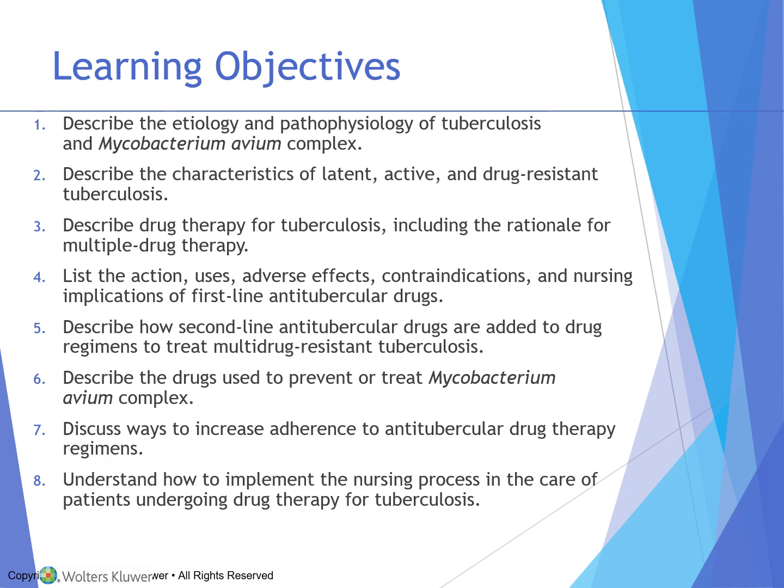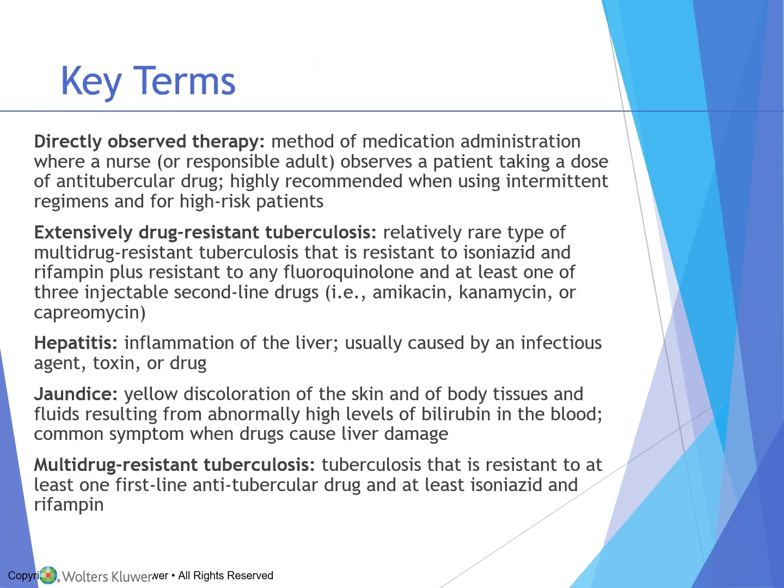And we're going to discuss ways to increase adherence to anti-tubercular drug therapy. Also, we're going to understand how to implement the nursing process in caring for patients who are receiving drug therapy for TB.